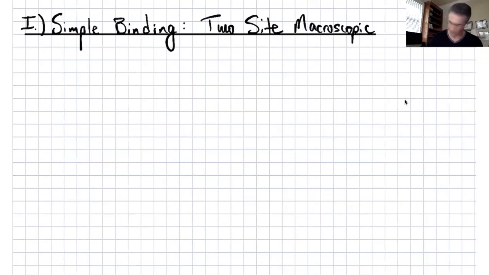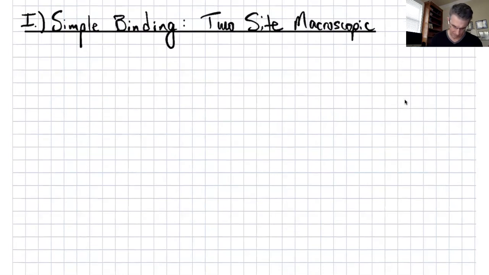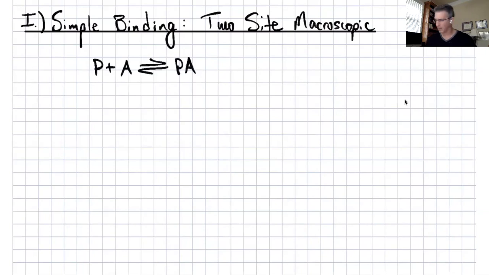So the simple binding phenomenon would be described by a scheme that would look something like this: protein plus a ligand A in equilibrium with the protein ligand complex PA. We talked about thinking of that equilibrium constant as a dissociation constant, so the inverse of the association constant.